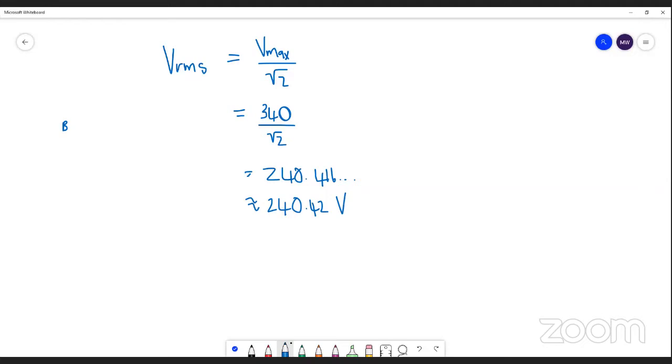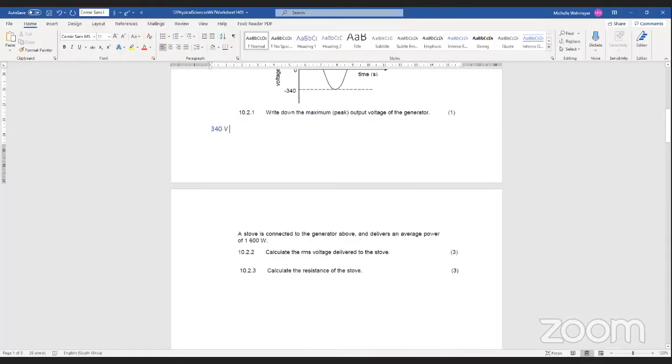Okay, then the next question, let's just go see what they asked. Question 10.2.3, they ask us to calculate the resistance of the stove. Okay, so I'm going to show you two ways in which we can do this.